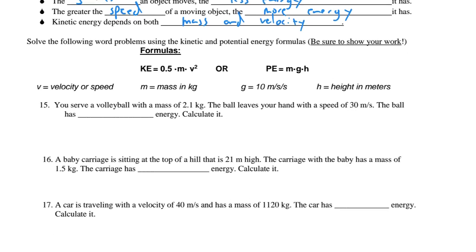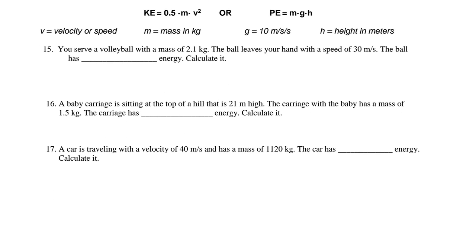Moving on. You serve a volleyball with a mass of 2.1 kilograms. The ball leaves your hand with a speed of 30 meters per second. The ball has kinetic energy because it's moving. It also has potential energy, but we don't have the information about its potential energy. We just have information about its kinetic energy. Let's calculate it. It's going to be 0.5 times the mass, 2.1, times the velocity squared. Let's check that everything's in SI units.